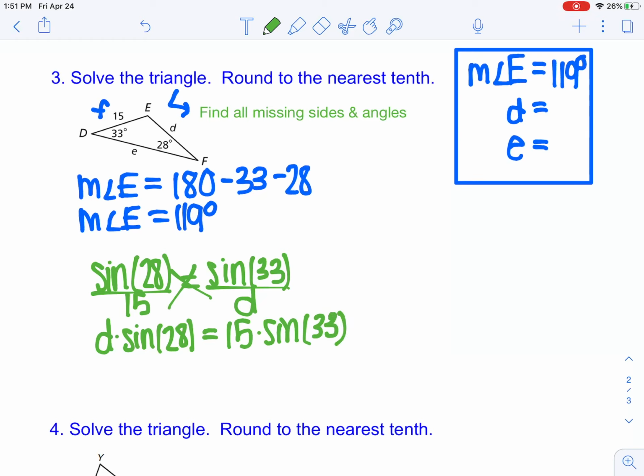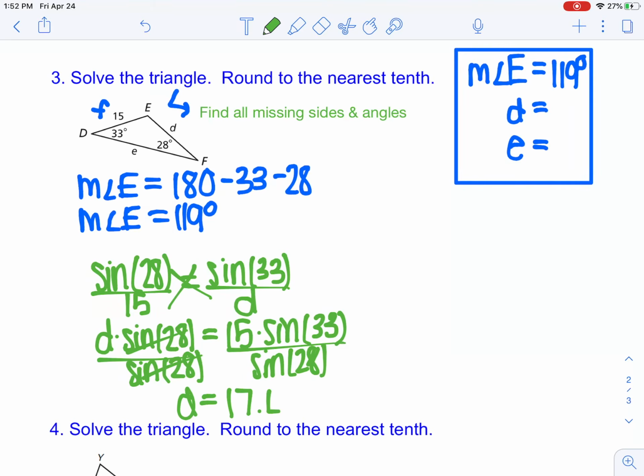Then to get d by itself, we can divide both sides by the sine of 28. That gives us d equals 15 times the sine of 33 divided by the sine of 28, and that is 17.4.